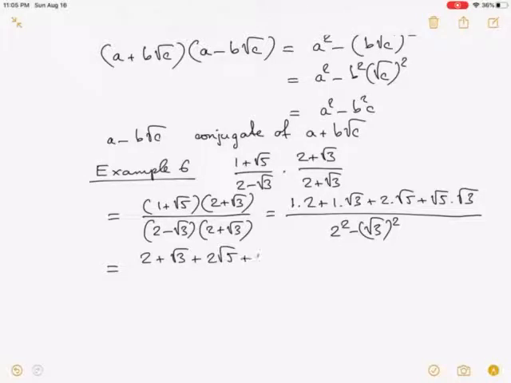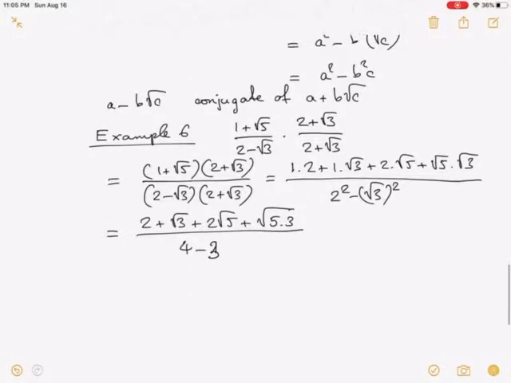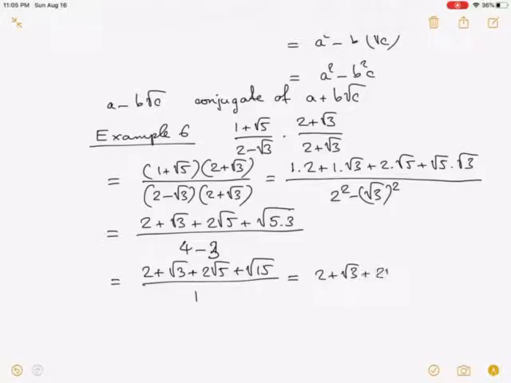So this is 2 plus square root of 3 plus 2 square root of 5 plus square root of 5 times 3, over 4 minus 3, sorry. This is 2 plus square root of 3 plus 2 square root of 5 plus square root of 15 divided by 1. Square root of 15.